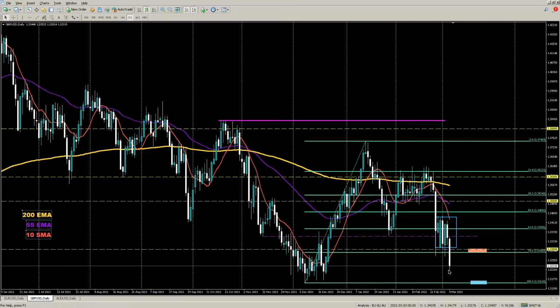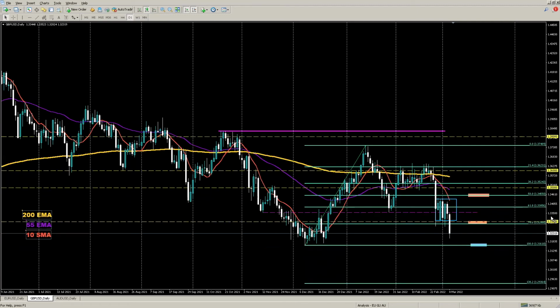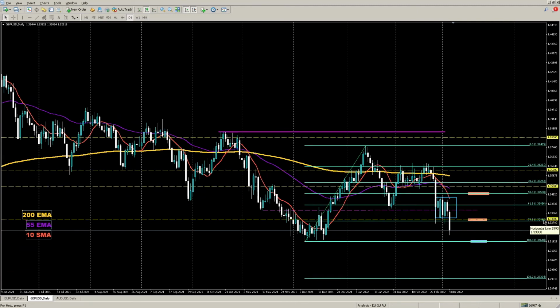So unless it's able to break through this higher through the 62 pip, then the 50 pip is going to be a key resistance zone. Okay.